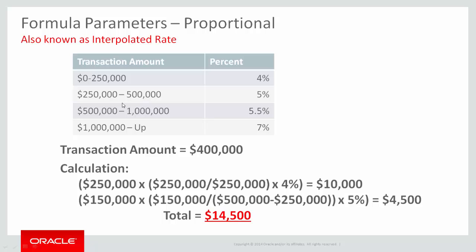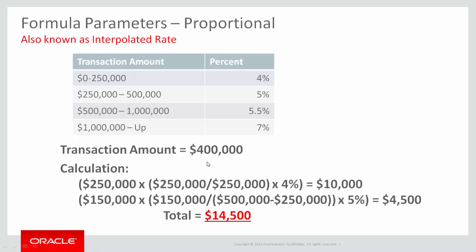We then take the second tier, and we know that of the 400,000, the second range is going to be 150,000. So the second question is, in between $250,000 and $500,000 in the tier, how many individual dollars separate 250,000 and 500,000? And the answer is 250,000, right? Because 500,000 minus 250,000 is 250,000. So that's how many individual dollars are in that tier.